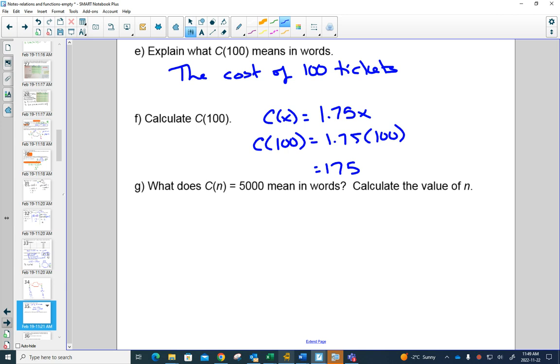What does this one mean? N equals 5,000. C of n equals 5,000. What does this mean? What is the number that we put in stand for? C of 100, you said that was 100 tickets. What's after this?